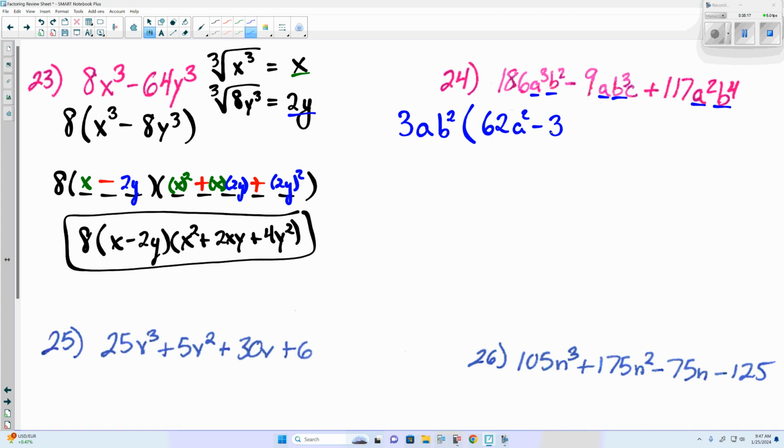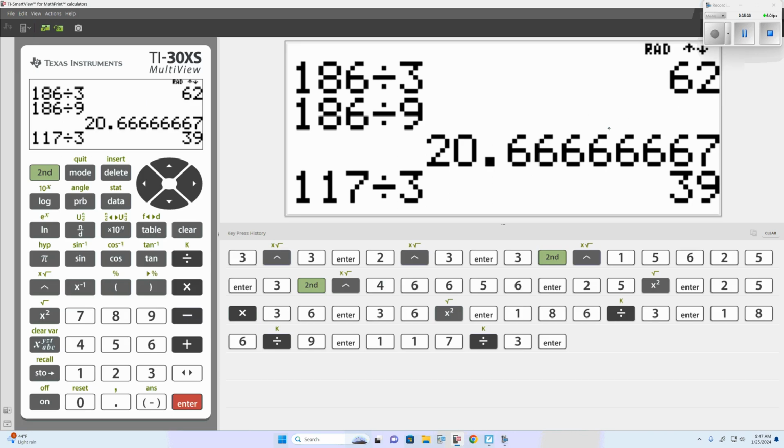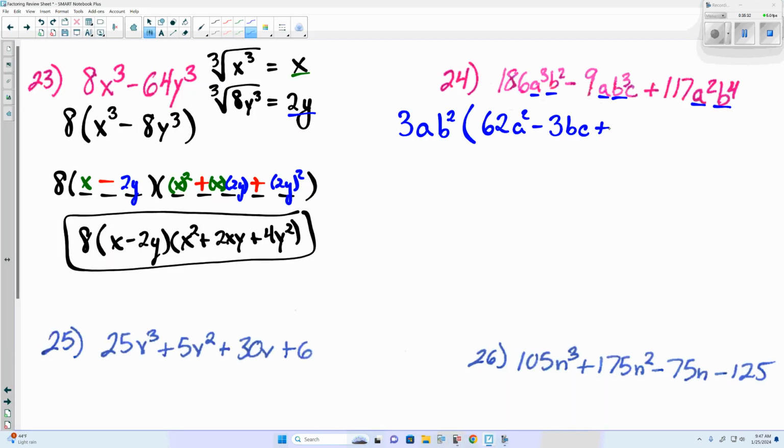We factor the a out, it's gone completely. We factor the b squared out, we have b. And we still have c. Plus our 117 divided by 3 is 39. If we remove an a from a squared, we have a. And b squared from b to the fourth is b squared.